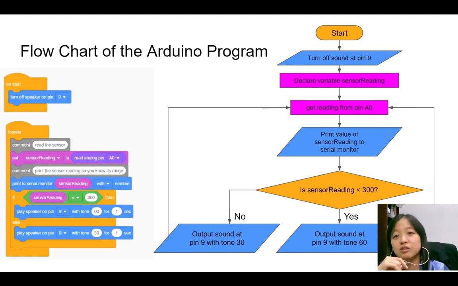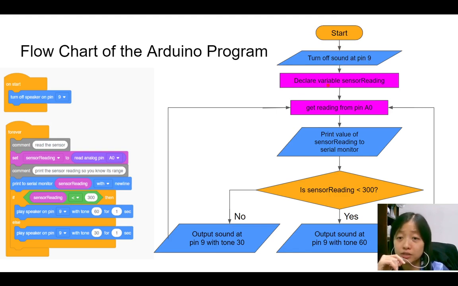Now this flowchart we went through before, last week. I'll just go through it again. In this program, when you start to draw a flowchart, we always start from this particular box called start. Then at the beginning, the buzzer at pin 9 is off, it's low.